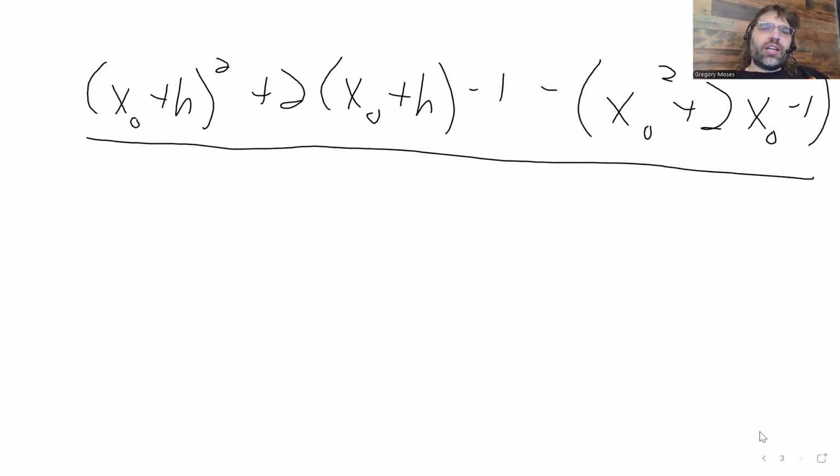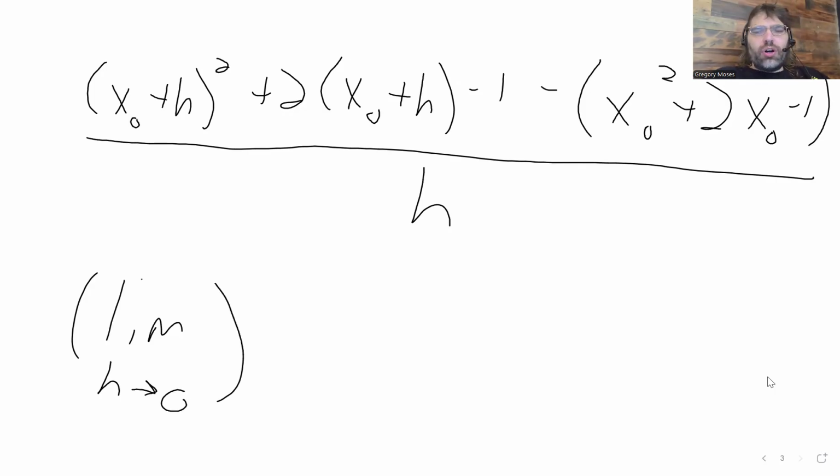And this whole thing is being divided by h, and we're taking the limit as h approaches 0 of all of this. Before we do anything else, what we have up top in this fraction is a polynomial, and what we have in the bottom is a polynomial. Well, this is a rational function.